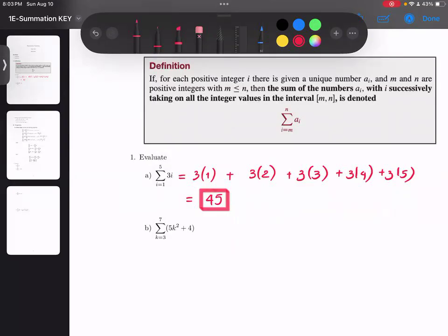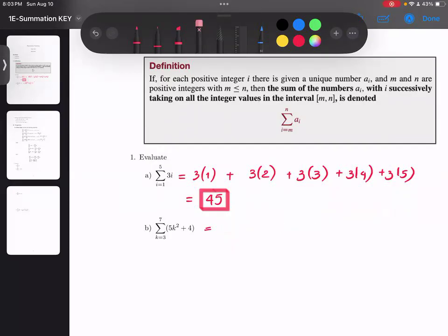So we're gonna start at k equal 3. So it's gonna be 5 times 3 squared plus 4. And then 5 times, now start k equal 4, 4 squared, sorry.